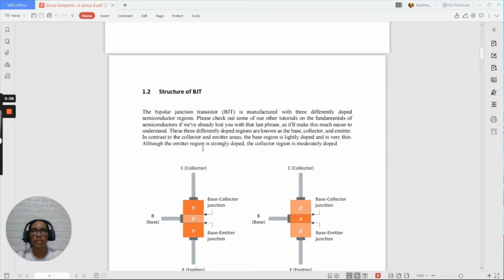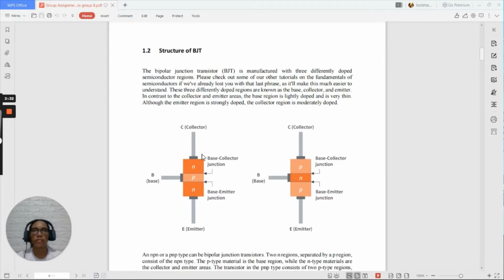The bipolar junction transistor is manufactured with three different doped semiconductor regions. You can check out the fundamentals of semiconductors if you do not already know the topic, as it makes this much easier to understand. These three differently doped regions are known as base, collector, and the emitter.